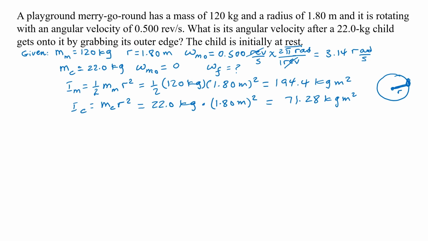So now I have the initial velocities and the moment of inertia of the merry-go-round and the child. Therefore, now we can use conservation of angular momentum. Initial angular momentum must be equal to final angular momentum.